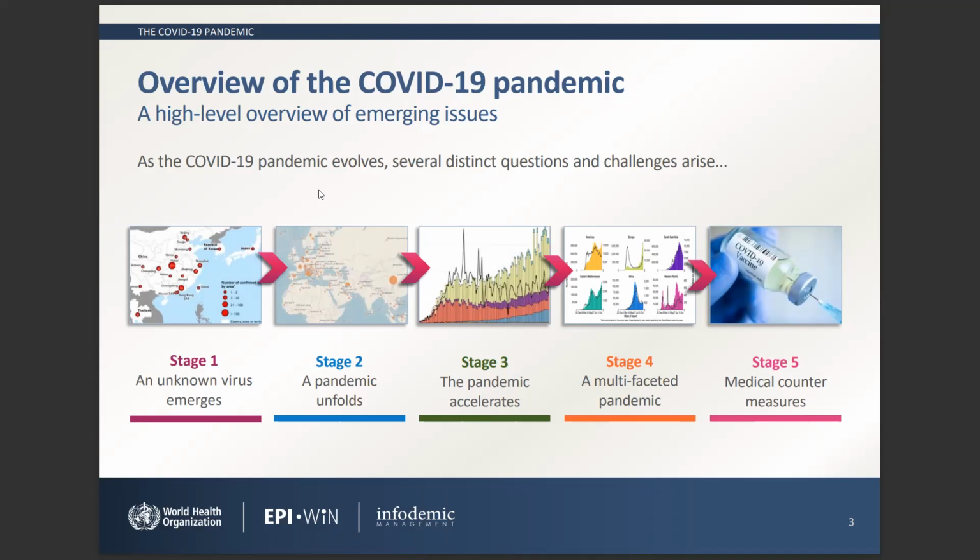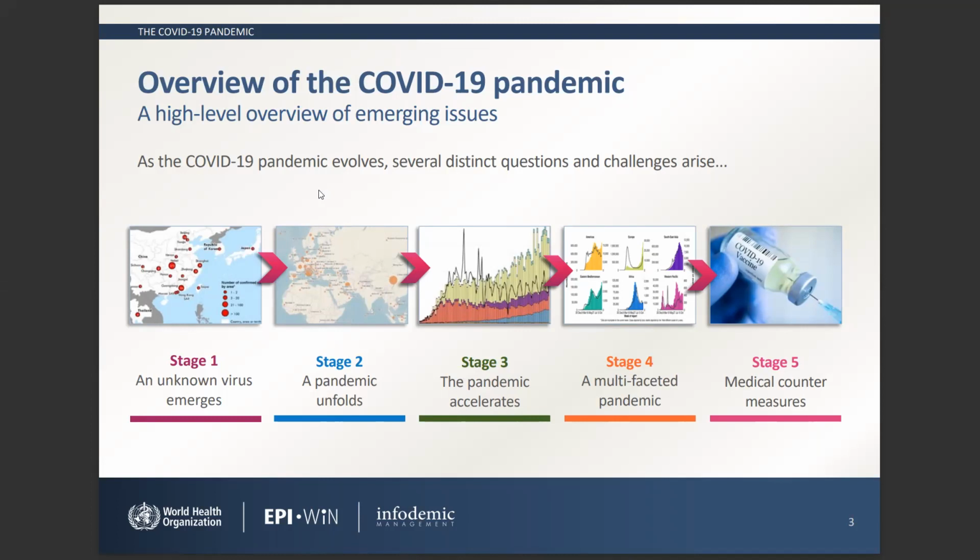And in stage 2, they mentioned a pandemic unfolded. Under stage 3, the pandemic accelerates. So that was a rapid spread period of the virus, and we could see that it is an uncontrollable virus.